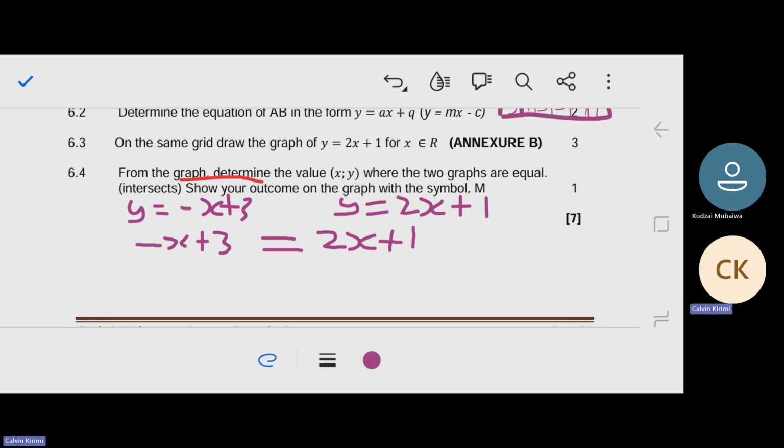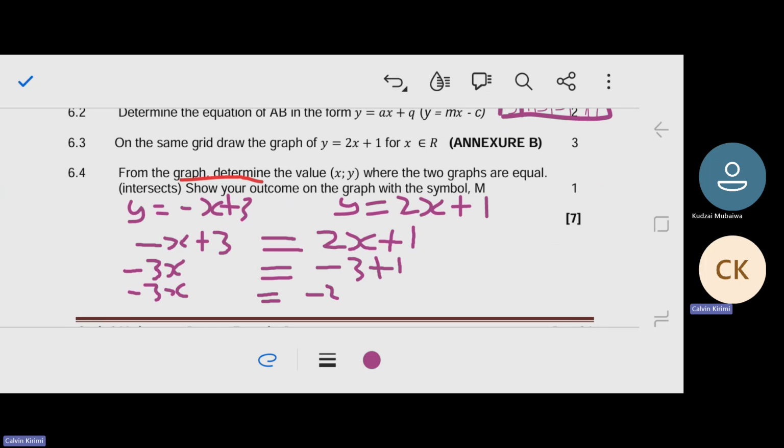So in other words, minus 3x is equals to minus 3 plus 1, meaning that minus 3x is equals to negative 2.